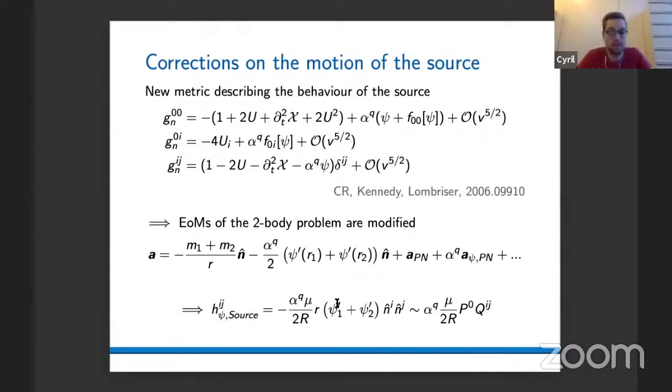And you have the derivative of the scalar field at positions 1 and 2 of the black holes. And this enters at leading order, so at the same quadrupole order as general relativity, but we have this factor alpha to the power q. So depending on how small this parameter is, this whole contribution will be more or less small compared to general relativity.